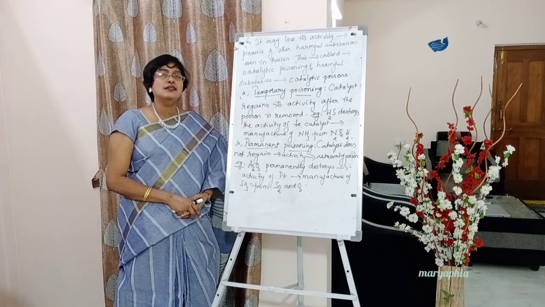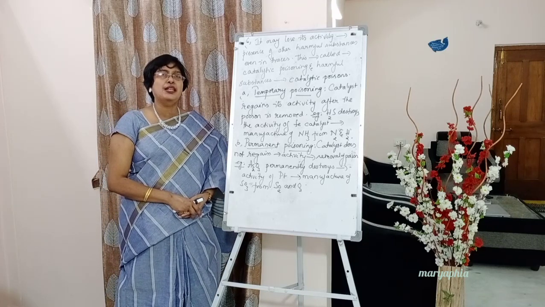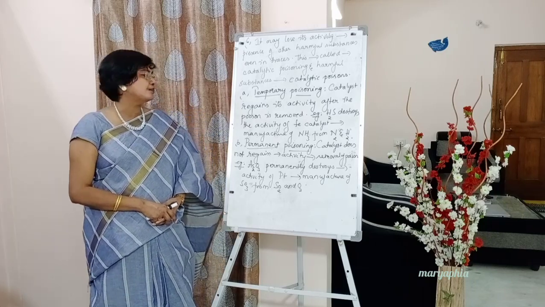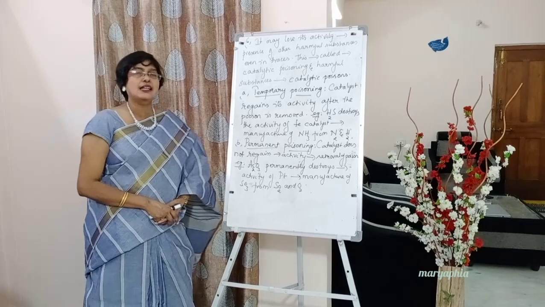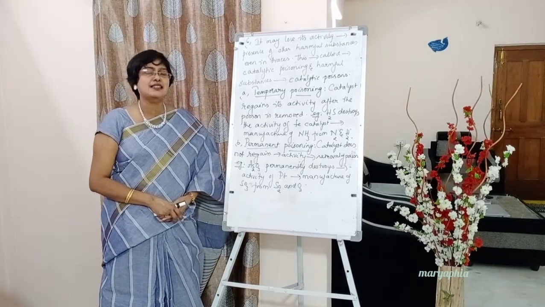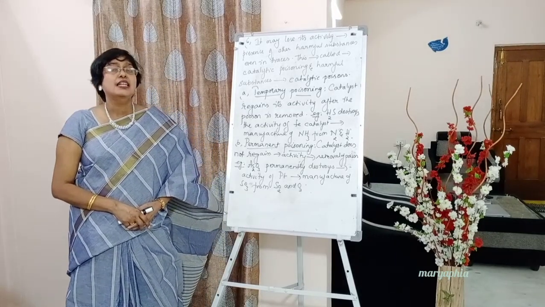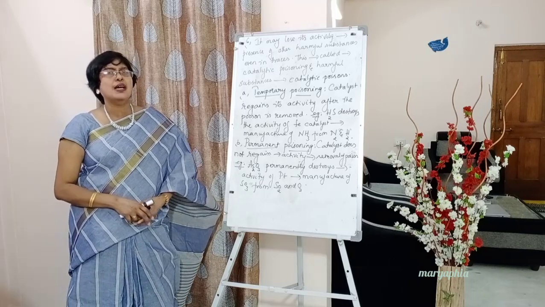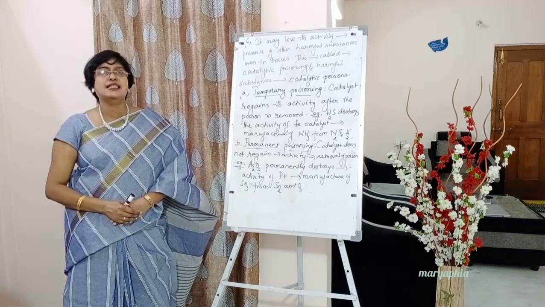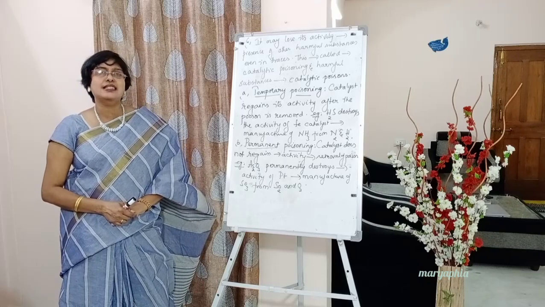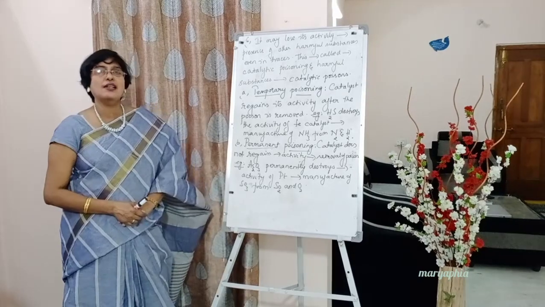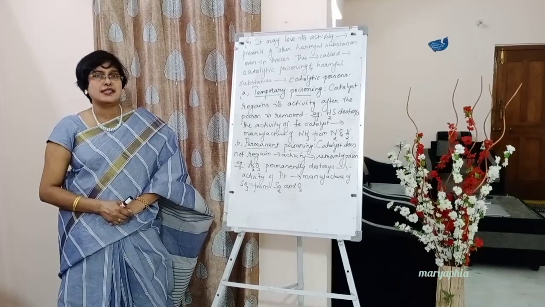As you all know, this manufacturing of ammonia is called Haber's process. We all know that iron is used as a catalyst and hydrogen sulfide destroys the activity of iron. Once this H2S is removed, iron regains its activity. So here H2S we can call a temporary poison.